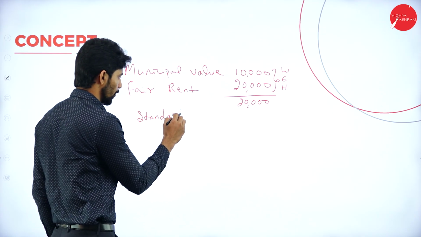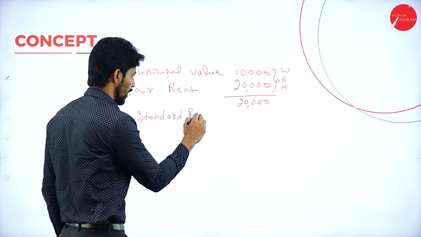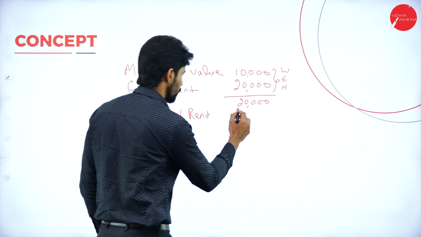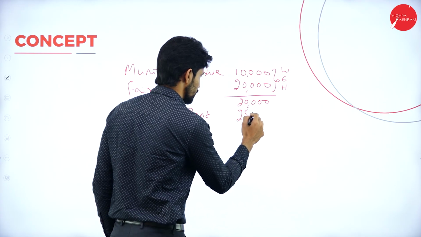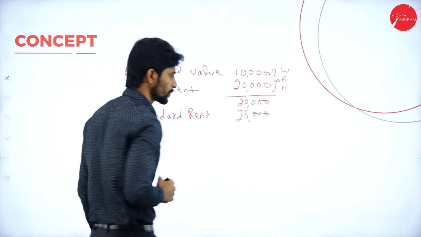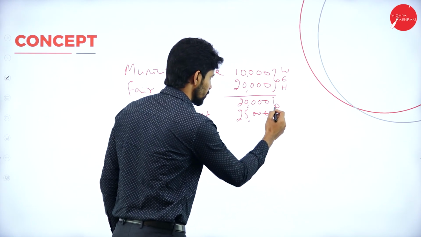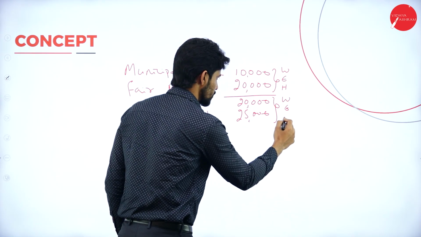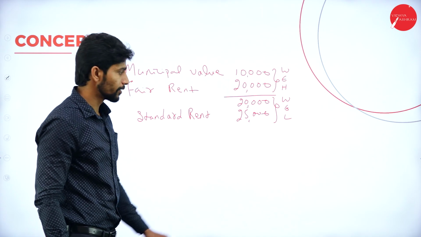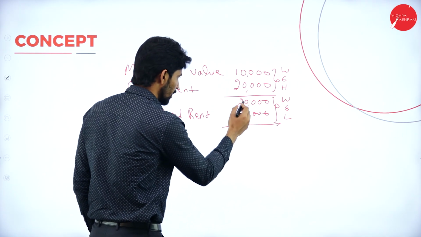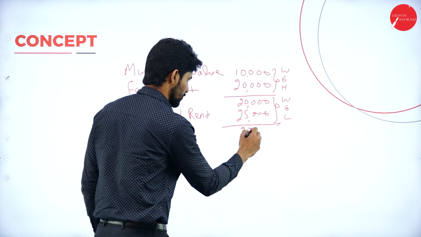For example, standard rent is rupees 25,000. Now in these two, whichever is low. Which is the lowest amount in these two? Yes, 20,000.